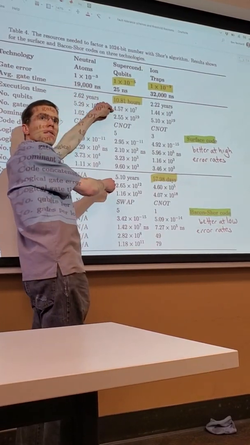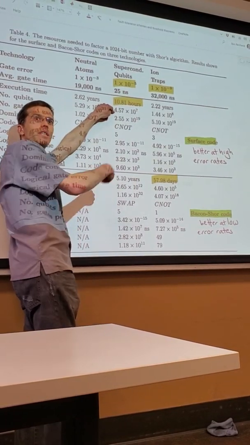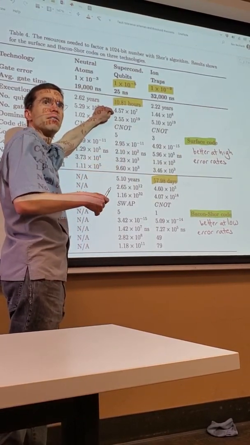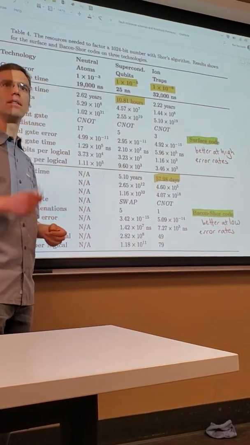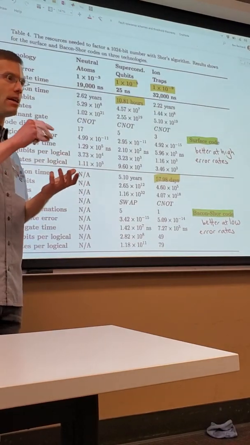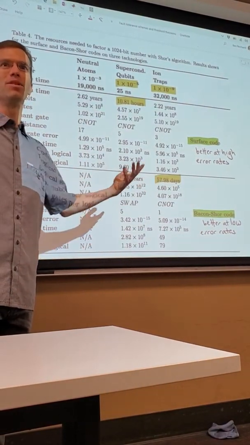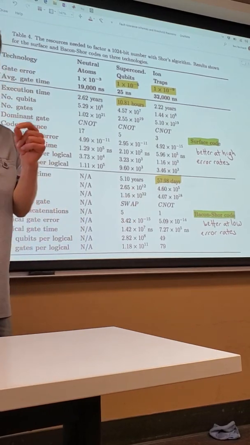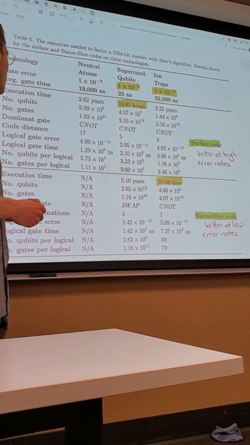You're going to need like 2 or 3 levels of concatenation here, and each level of concatenation blows you up by a factor of 25. That's got to be what's happening. So even a slight change in the error rate, if it means you need a whole other level of concatenation, is going to blow up your overhead, even though the error rate has changed just a small amount.